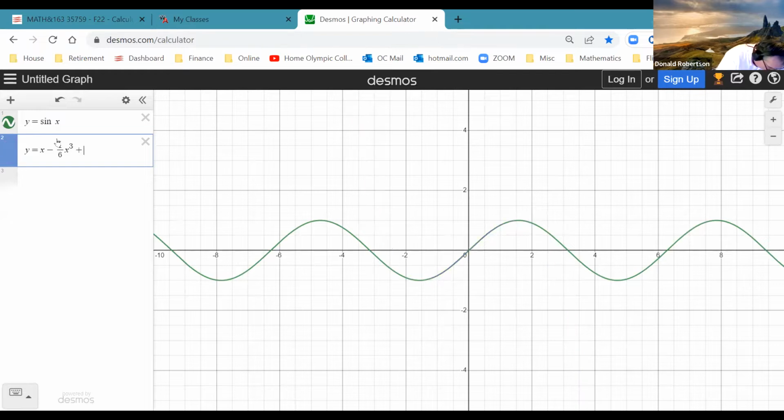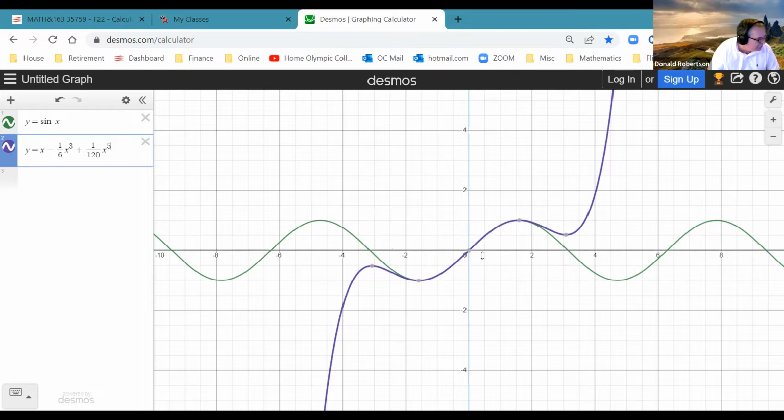And then we're going to add 1/120th x to the power of 5. And okay, it's not much good over here or over here, but let's restrict where we look.